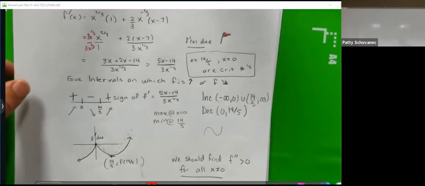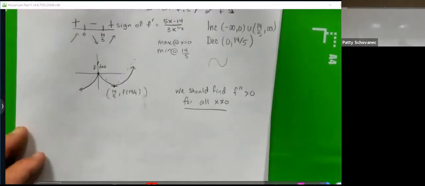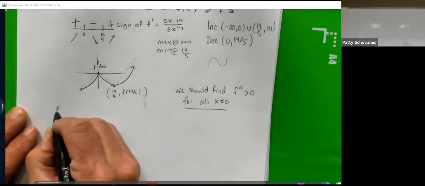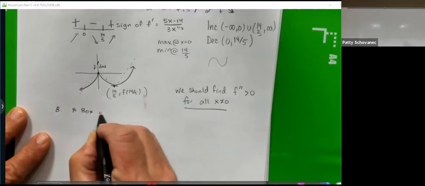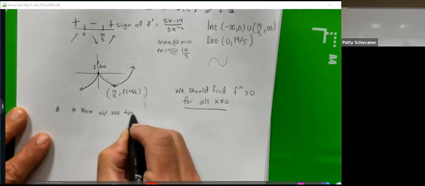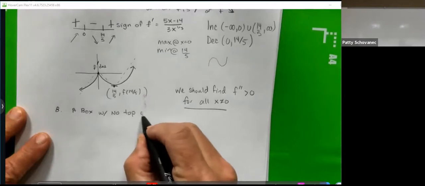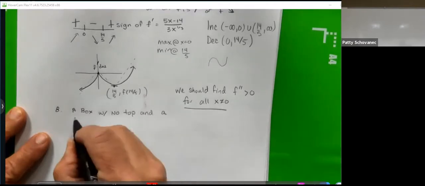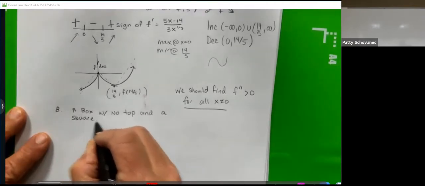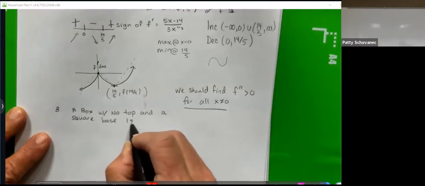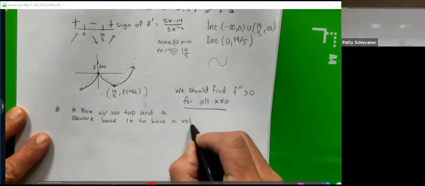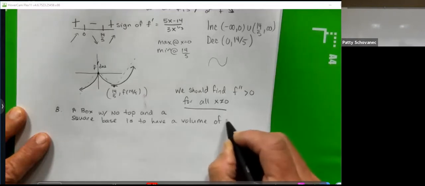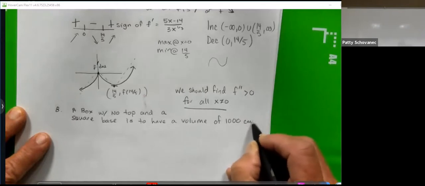Section 4.6 were the applications. So let's try, say a box with no top and a square base is to have a volume of 1,000 cubic centimeters.